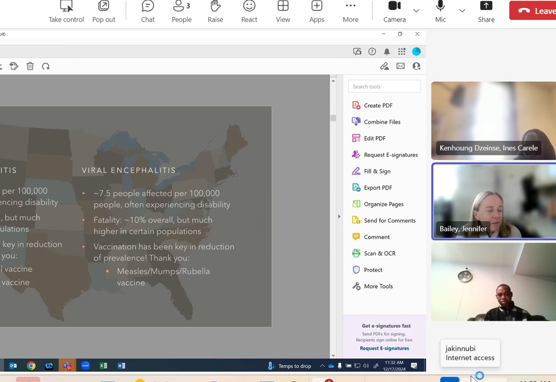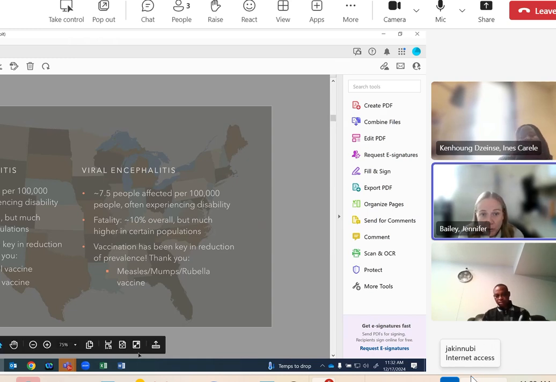We do have multiple vaccines that have helped to reduce the incidence of these infections. So the meningococcal vaccine, the pneumococcal vaccine, and the Haemophilus influenzae or Hib vaccine, all of these are bacteria that can cause meningitis or encephalitis. So these have been definitely reduced through vaccination.